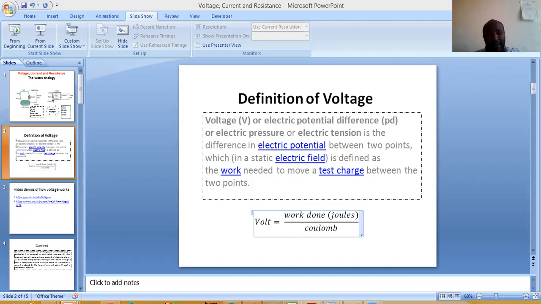Now, we can relate electrical power with current and voltage, and incorporate Ohm's law to express either voltage or current in form of power.